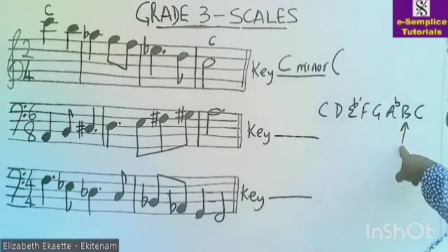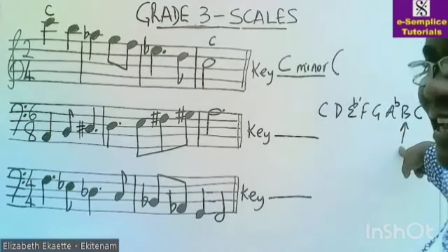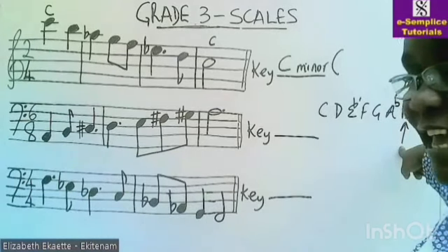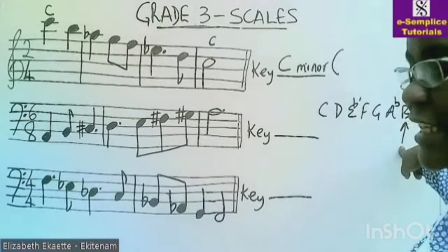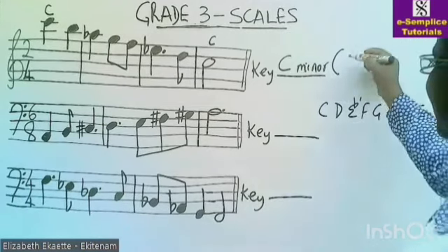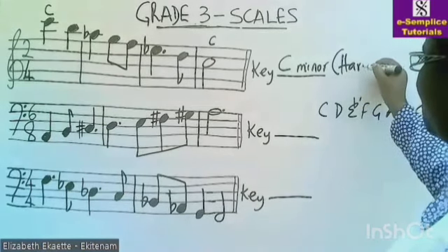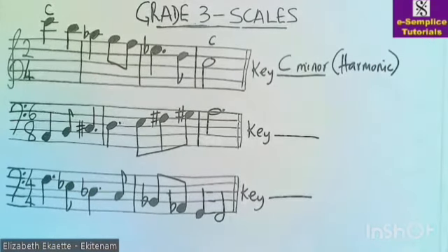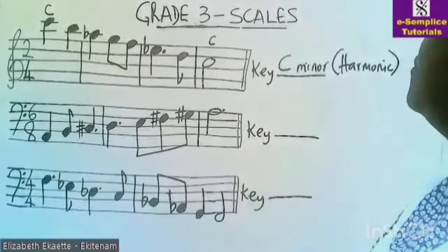Harmonic in the sense that the 7th note is raised. In the harmonic minor, ascending and descending, the 7th note is raised. So this confirms that we are looking at a harmonic scale.